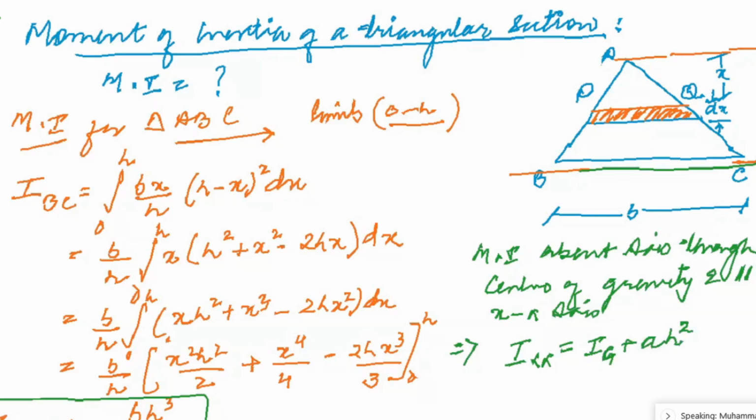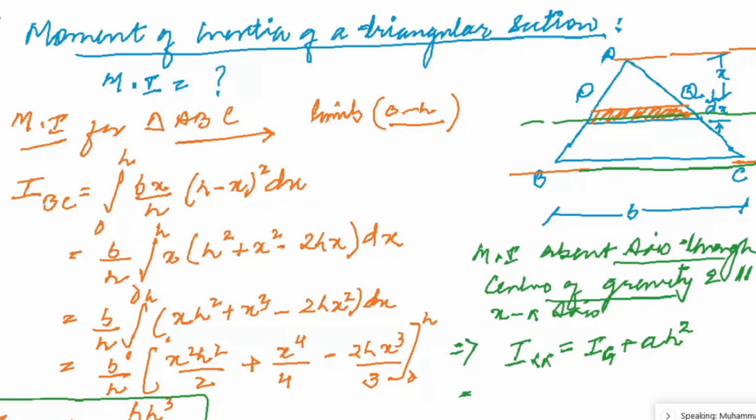Here, when we are talking about calculating the moment of inertia about the axis which is through the center of gravity, that means somewhere here, let's say at this point, which you also know that for a triangle center of gravity will be at a height of h by 3 from this point, and it will be 2h by 3 from this point.